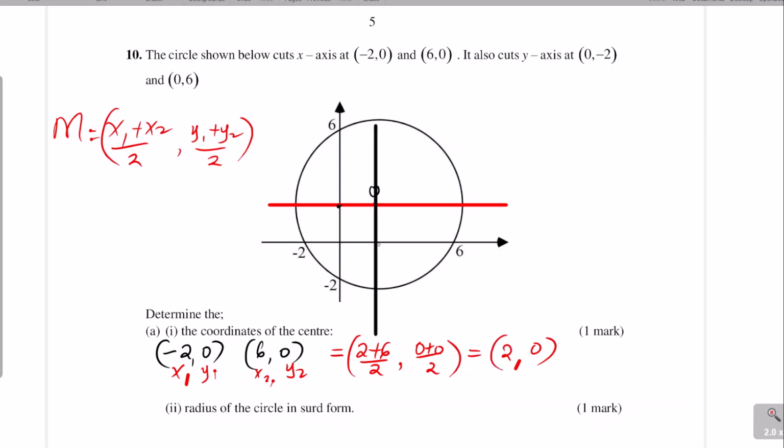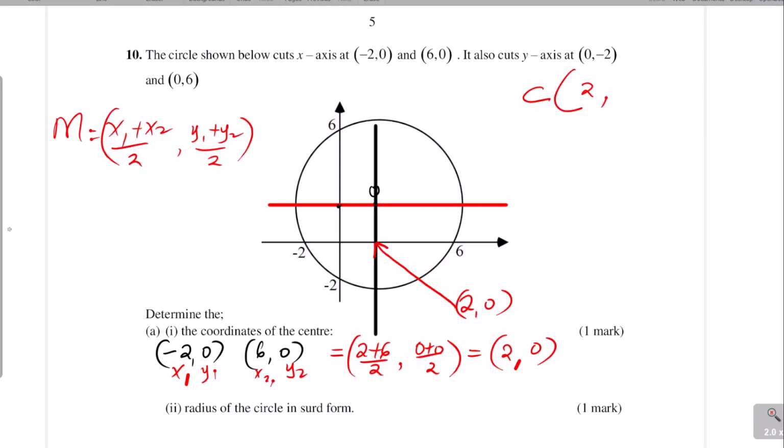So therefore, this point here is (2, 0). And this x-coordinate, which is 2, is the same x-coordinate as the center of the circle. So already we have obtained the x-coordinate of the center of the circle. Now we need to get the y-coordinate.